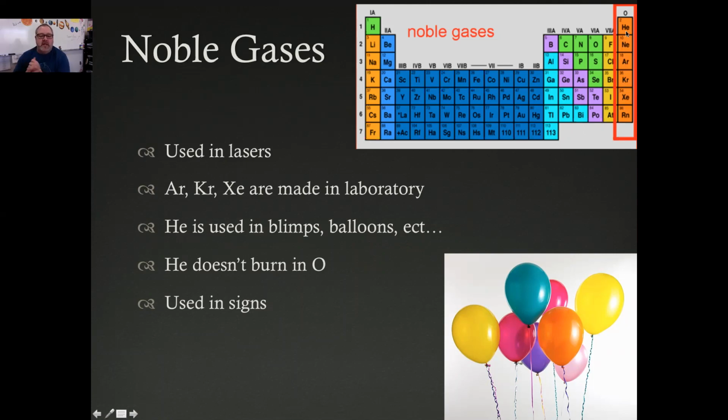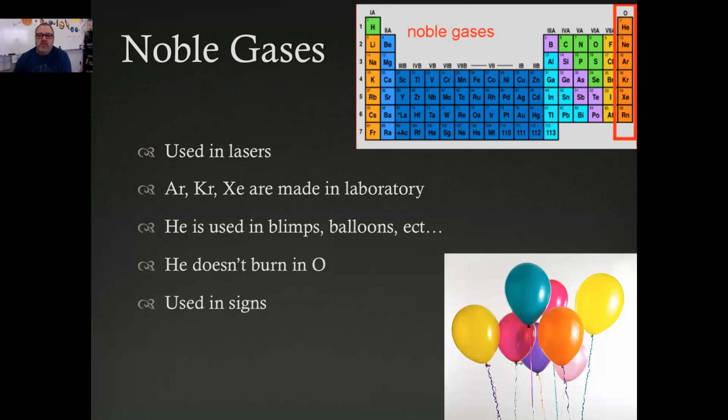Helium is kind of funny. It gets used in blimps and balloons and that kind of stuff. And one thing that's interesting about helium, or maybe worth mentioning, is that in 100 years, when all of the helium has been mined, because that's where it comes from in mines, when all of the helium that's been mined is all used up, scientists are going to be really angry that we use them to fill party balloons because they are fun and they float and they make your voice sound kind of squeaky and high.